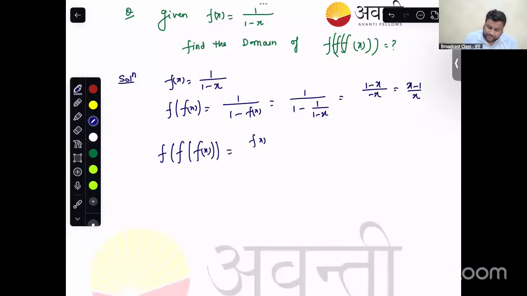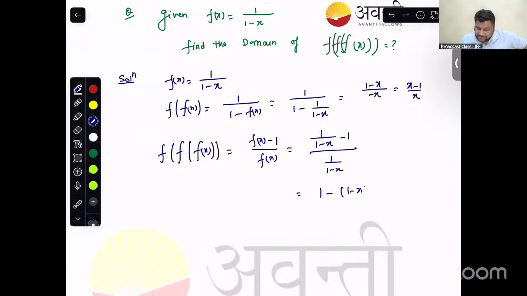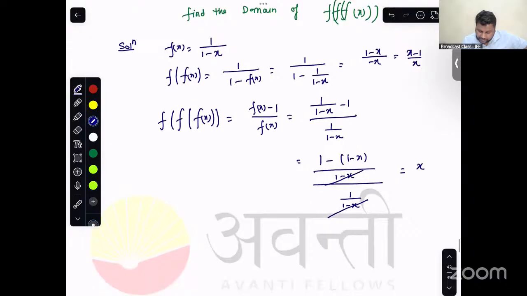So it will be f(x) minus 1 upon f(x). So it is 1 minus x upon 1 minus x divided by 1 upon 1 minus x. This is cancelled, so it comes out to be x. Correct? So here f of f of f(x) is equal to x.